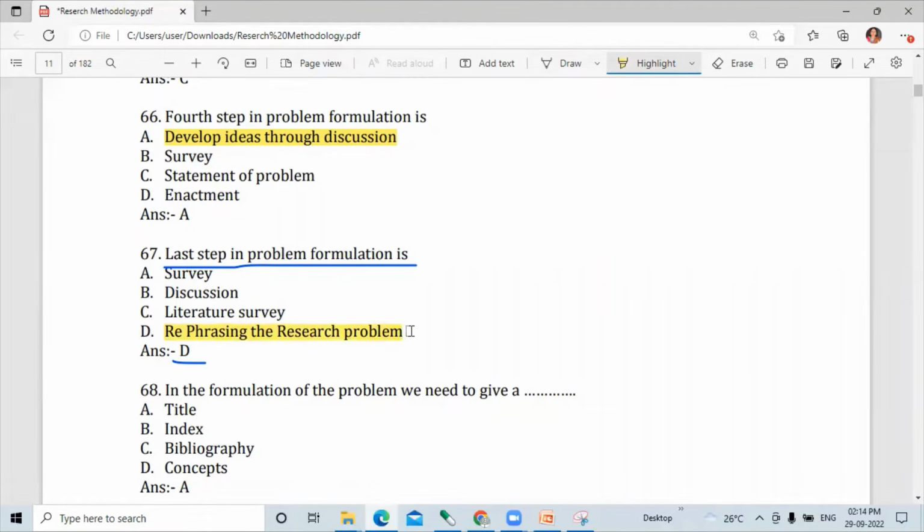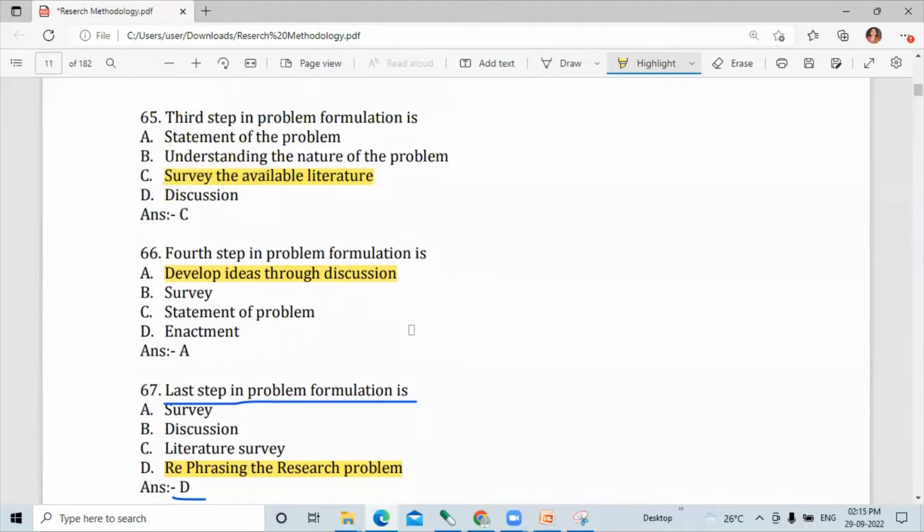Finally, after understanding the statement of the problem, the nature of the problem, then survey the available literature, and next develop ideas through discussion. After all discussion, somewhat we will get the conclusion. We need to rephrase that. So rephrasing the research problem again.